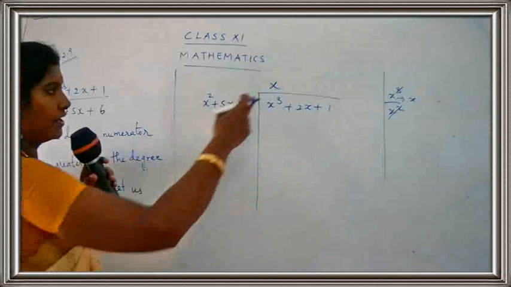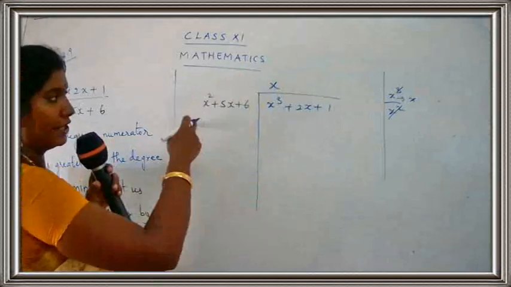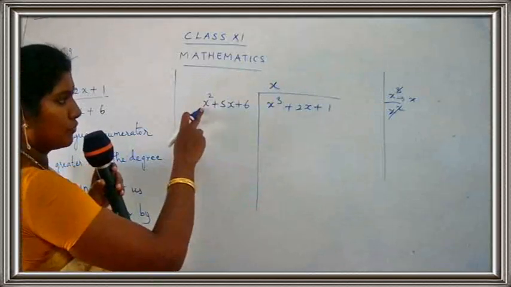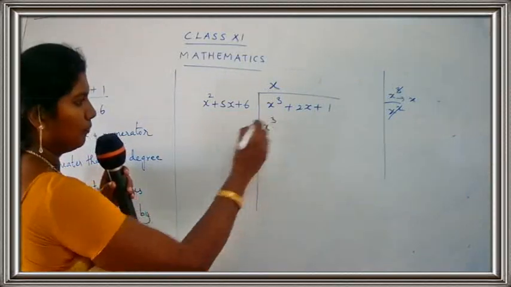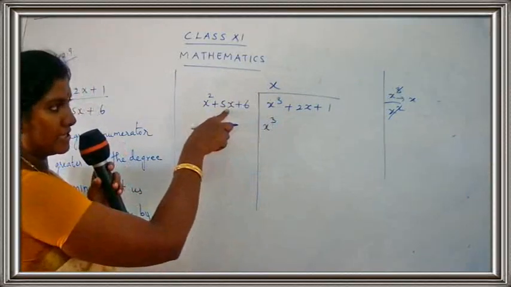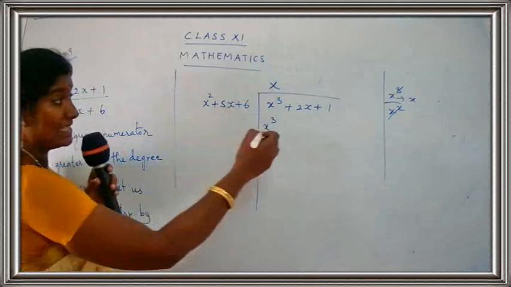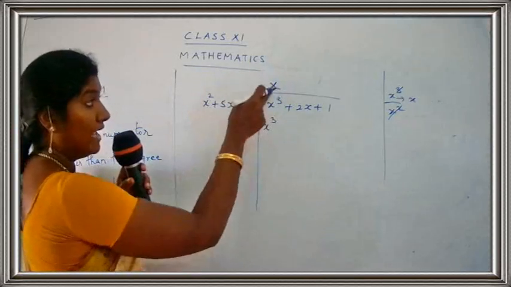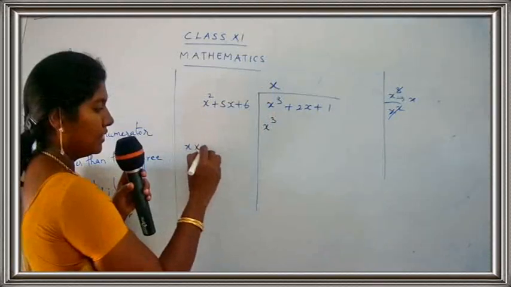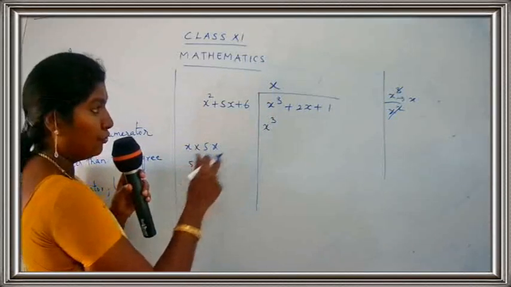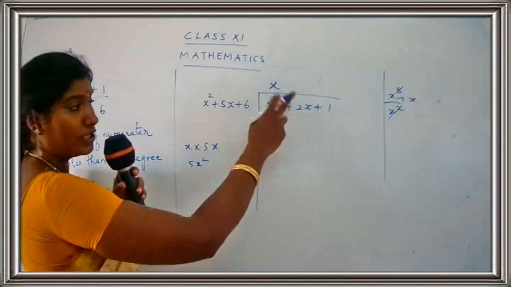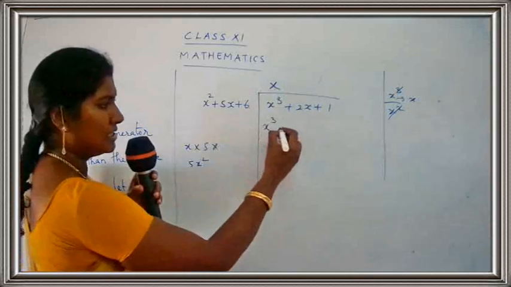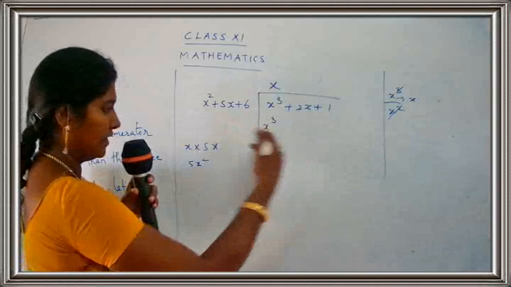Now, very simple calculation, we are just going to go with the multiplication. So x into x square, it's x cube. X into 5x is 5x square, and you don't have your x square term. Okay children, no problem, just continue, we will see when we go with the simplification.